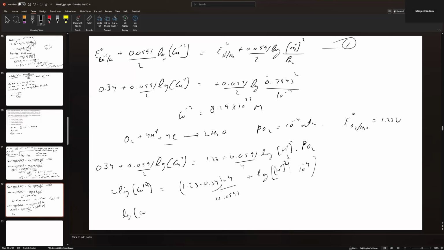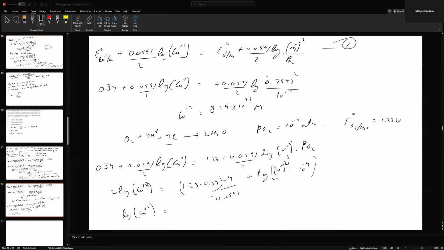Log of Cu2+. This value becomes 1.23 minus 0.34 into 4 divided by 0.0591.